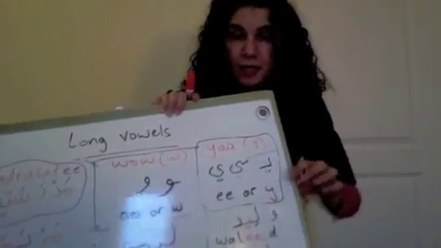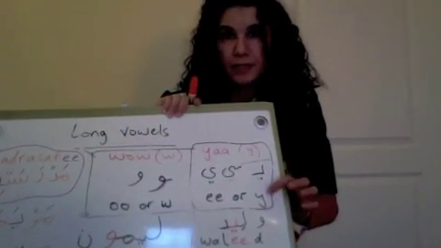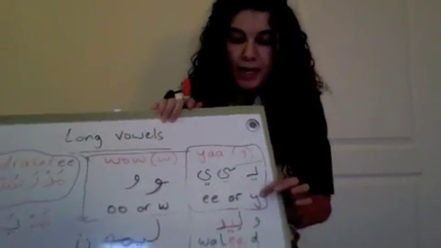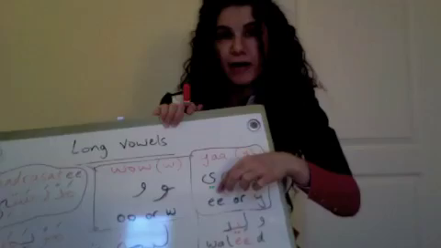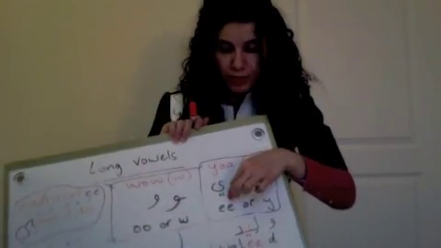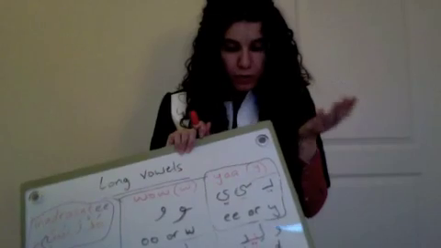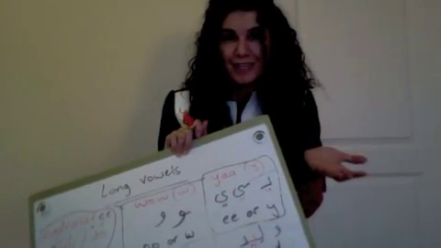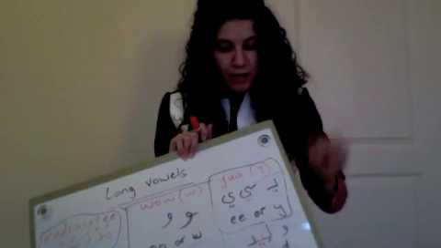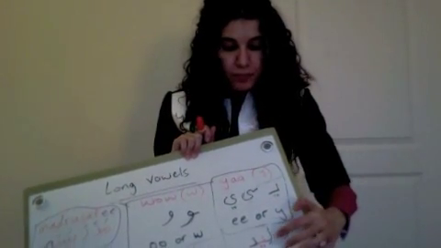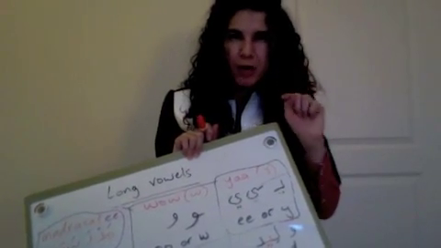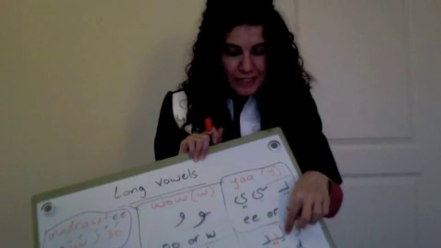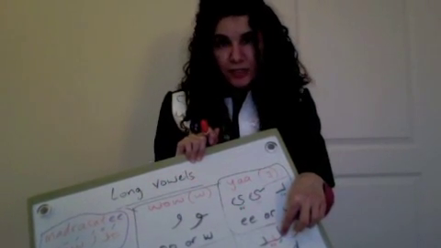So this is the ya. It acts as a consonant sometimes, and it's the Y sound. And then other times it also acts as a long vowel with the E sound. Now, how do we know which sound it's giving us? It all depends on the little accent mark that we have, and I'm going to teach you that some other time.